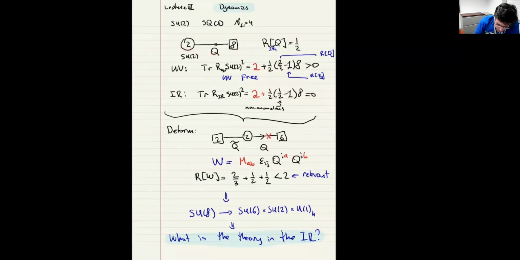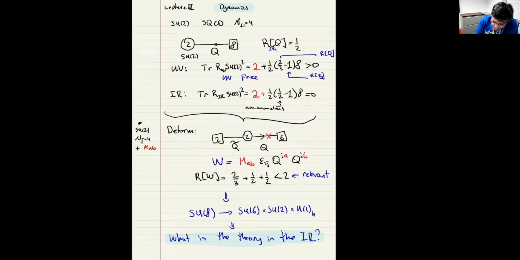So if you wish, our starting point in this flow diagram is SU(2) with F equals 4 and a collection of free chiral fields, which I denote here by M_AB. We start the flow by turning on a certain deformation, which is written here. We turn on a superpotential which couples these 15 fields M_AB to a bilinear gauge invariant of the fields Q. What we did is split the 8 into 6 plus 2.